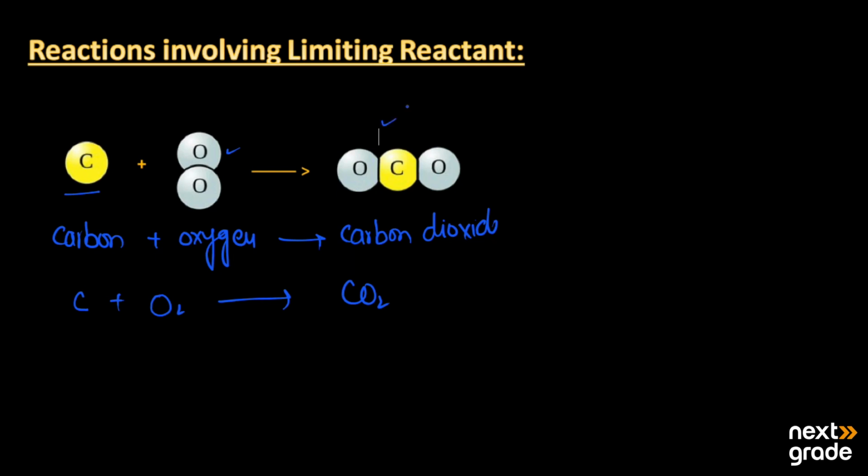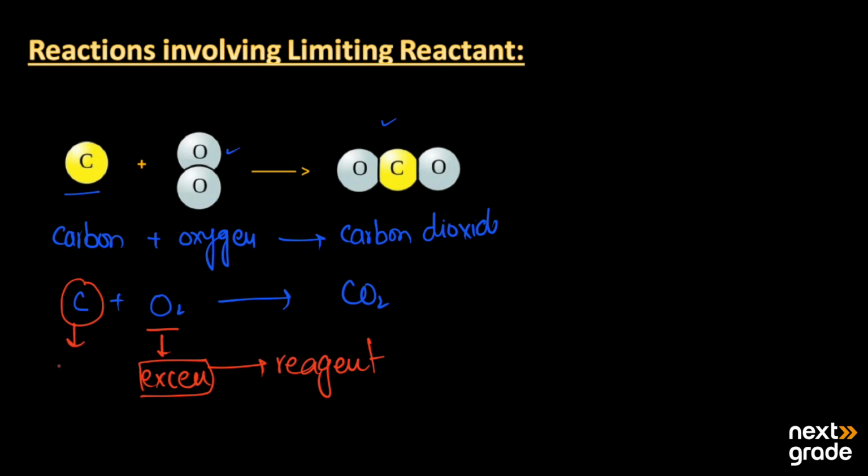Here we have seen that carbon reacts with oxygen and produces carbon dioxide. The oxygen is present in the atmosphere and it is present in excess amount. As it is present in excess amount, it will be known as the excess reagent. On the other hand, carbon is present in less amount, so it is known as the limiting reactant.